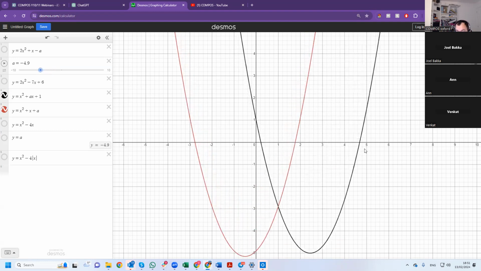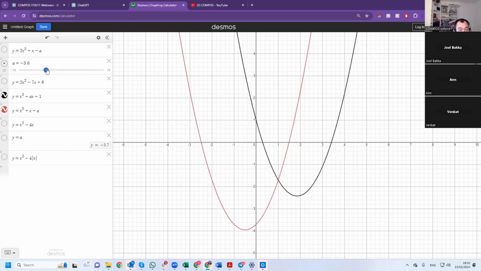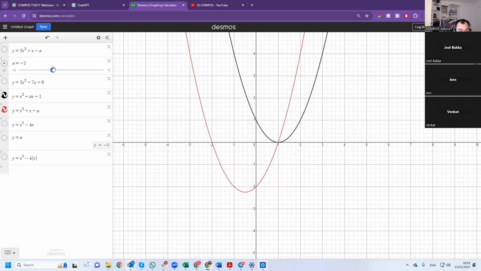So they will not meet again. So these two curves will not meet at the x-axis, and therefore the only place where the roots do match is when a equals -2.